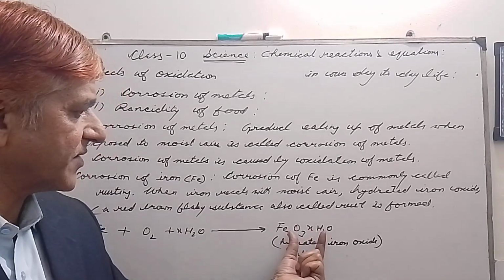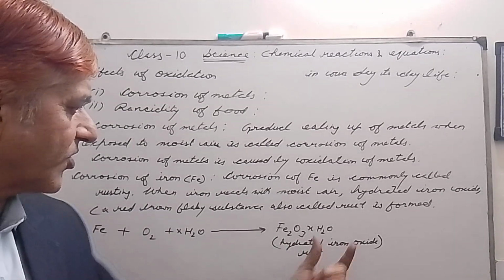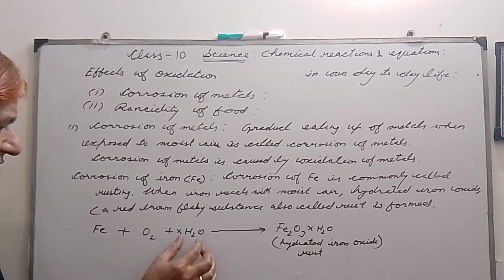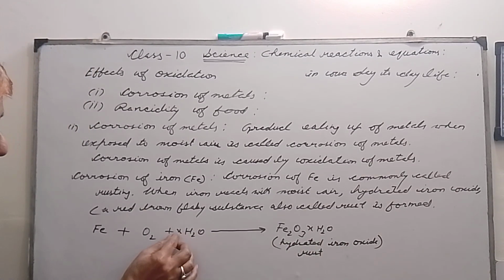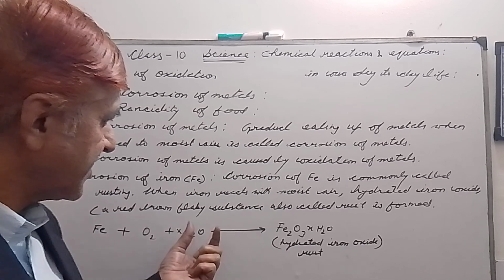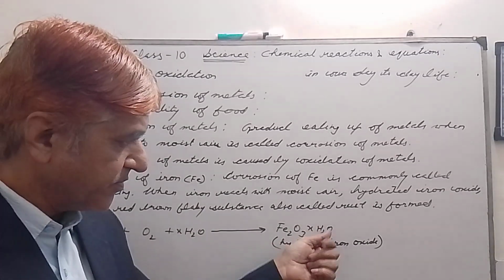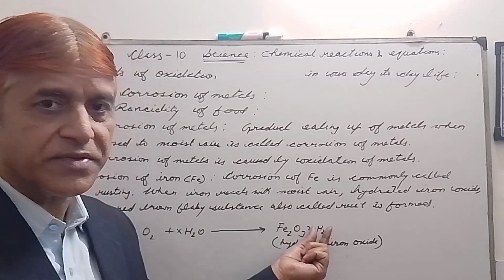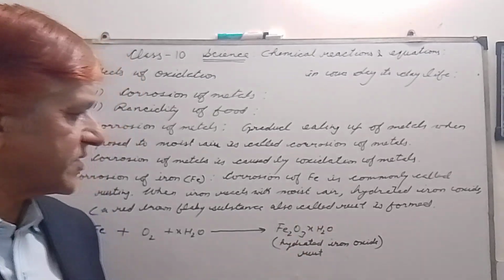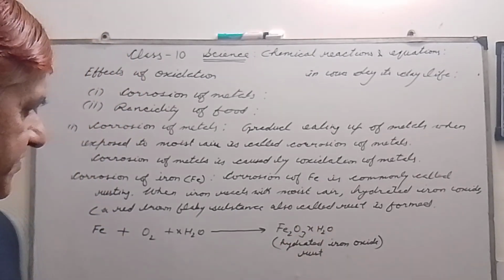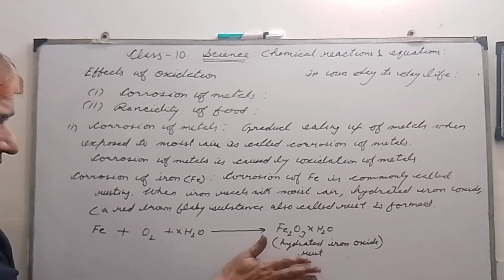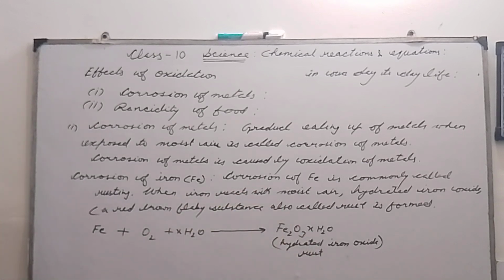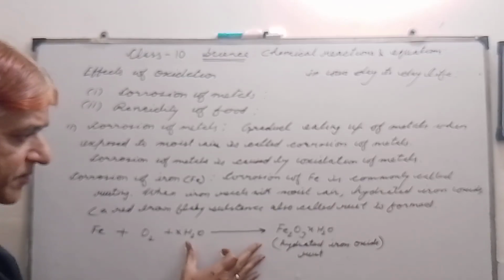This is rust, hydrated iron oxide, and X molecules of water. It means the number of water molecules is not fixed; exactly how many molecules of water will be formed is not assured. This chemical reaction is very, very important, my dear students.